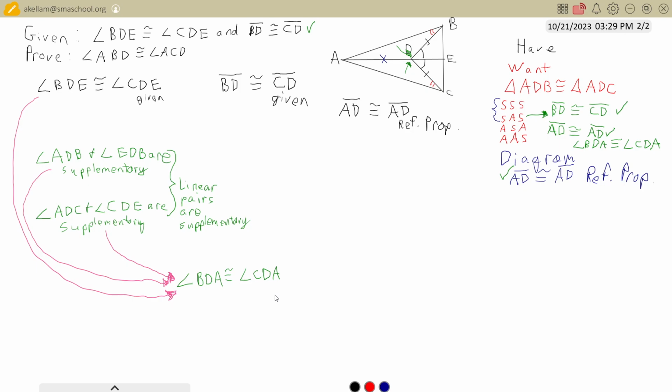And the reason is that if two angles are supplementary, which I'm going to abbreviate SUP, to two congruent angles, then they are congruent.